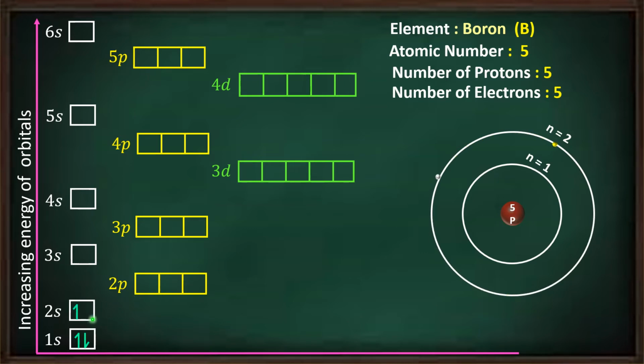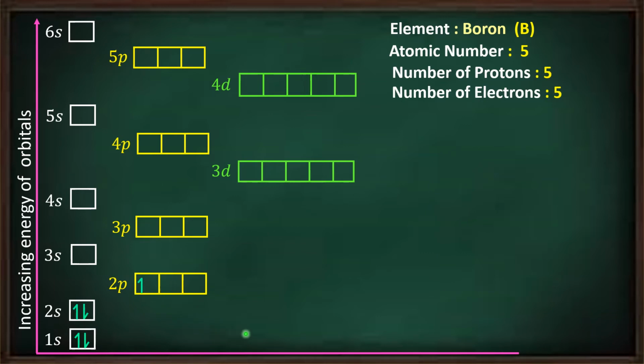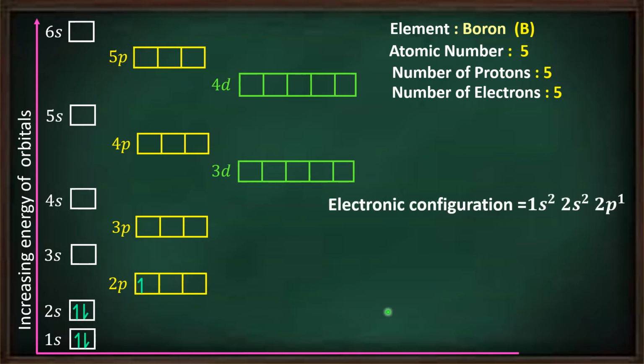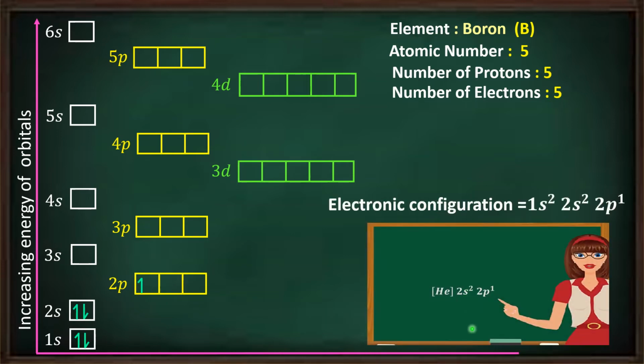Next, the fourth electron pairs up with this electron, and once 2s is filled, electrons enter into the 2p orbital, isn't it? So the electronic configuration of boron is 1s2, 2s2, 2p1, or helium 2s2, 2p1.